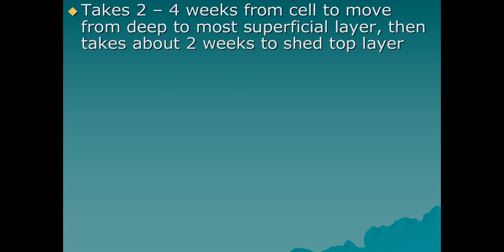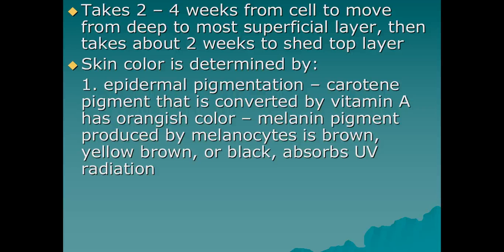So, from a standpoint of cell growth and reproduction, it takes about 2 to 4 weeks for one cell to move from the base layer or the basal layer to the most superficial layer, the corneum, and about 2 weeks to actually shed that entire top layer. So if you really did the math, the replenishing of your entire skin happens pretty frequently, believe it or not.